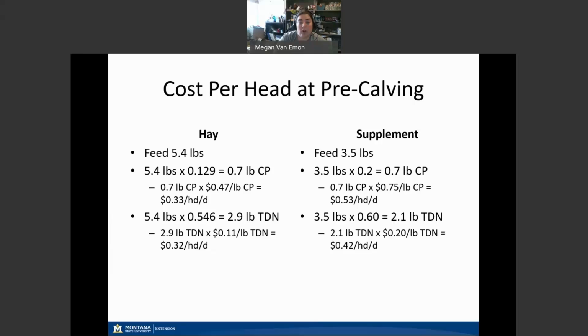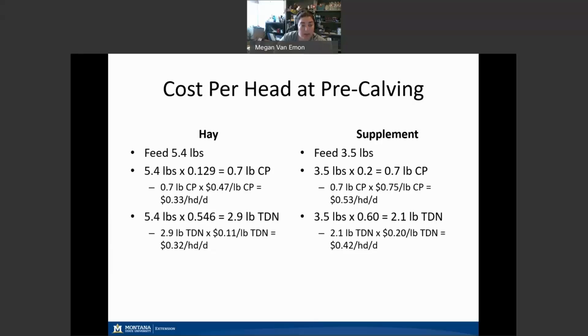So if we look at the cost per head during pre-calving, and we had to feed that hay at 5.4 pounds per head per day to make up that shortfall of 0.7 pounds. We follow those equations that we previously saw. Very similar here.